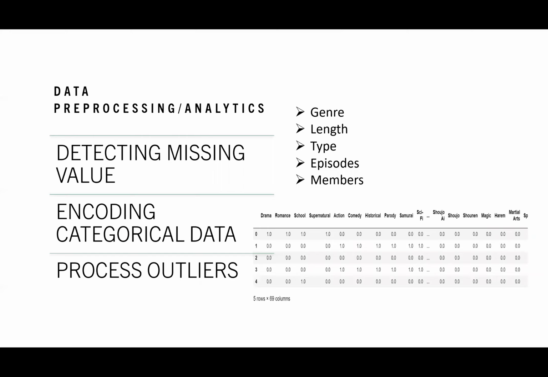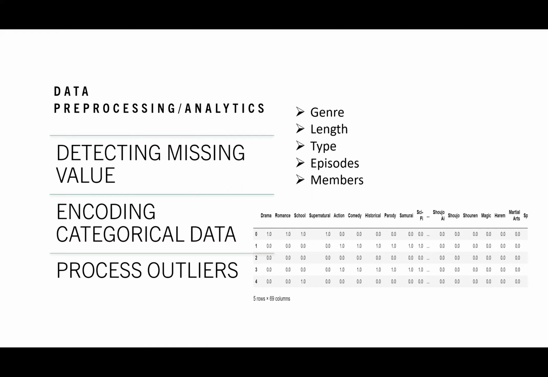So first of all, we need to use the data provided to us by Polytube. Once we get the data, we need to pre-process or analyze it. The first point would be detecting the missing values. Some data would have missing values in the Excel file, so we need to detect them.